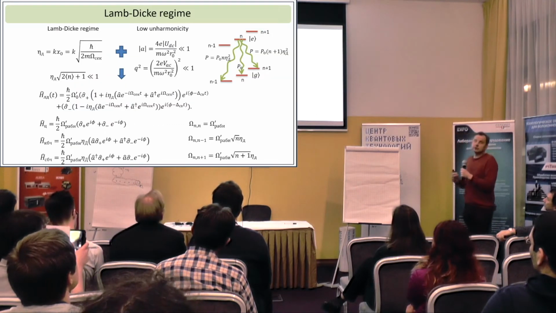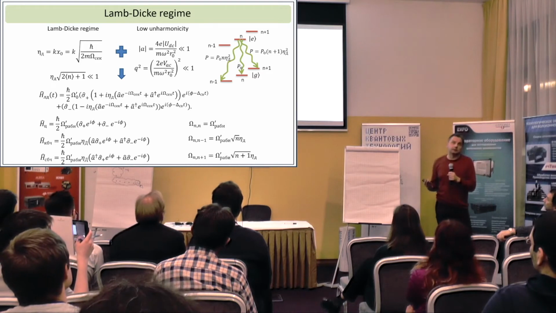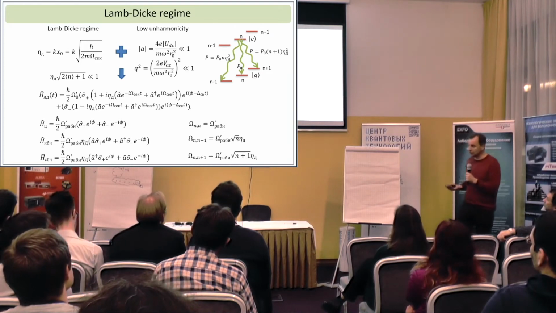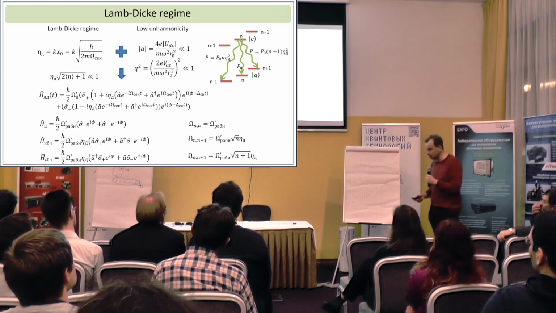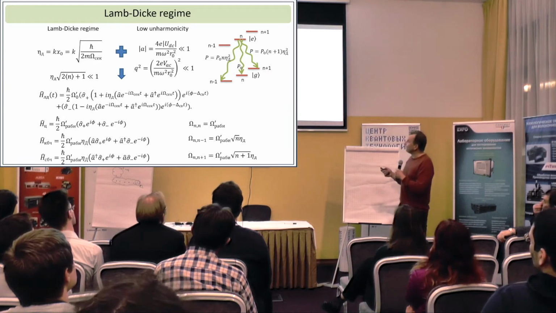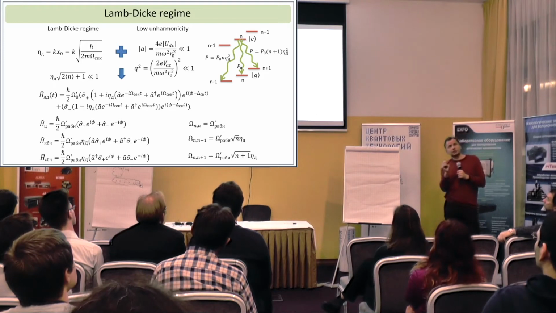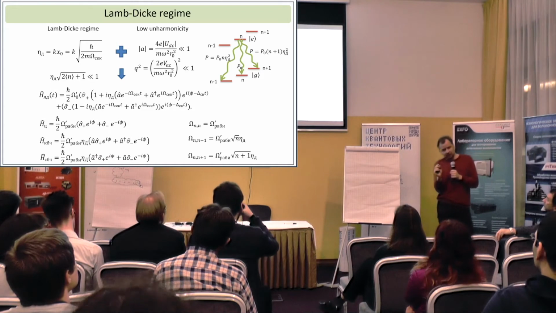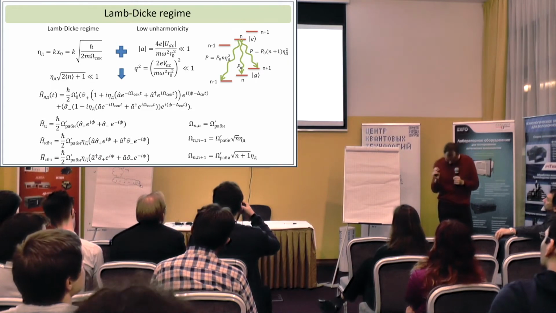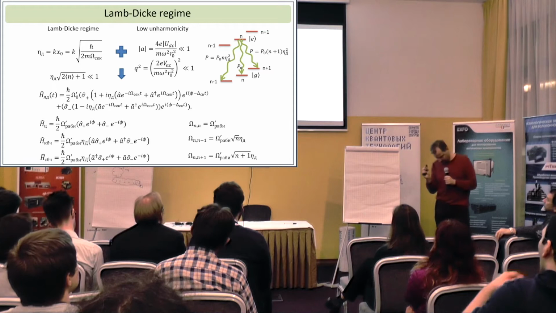But there are some lucky approximations, which are good for us because we work in this approximation typically. It's the combination of the so-called Lamb-Dicke regime. The Lamb-Dicke regime means that the volume where the particle is localized is much smaller than or comparable with the wavelength of radiation.